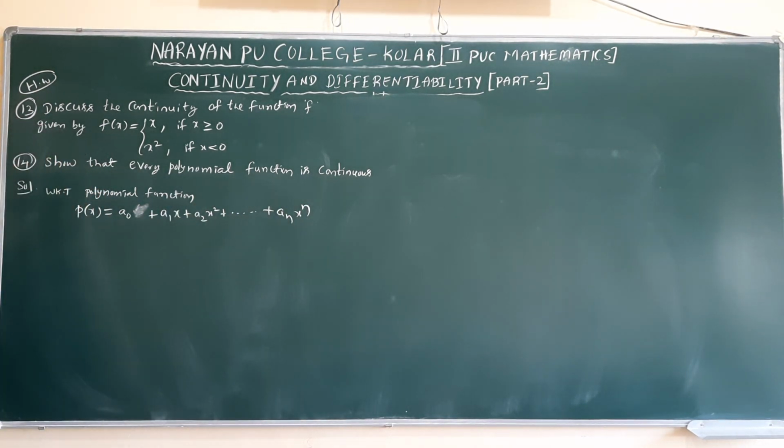We can take it in reverse order also, no issue. This is an nth degree polynomial. If the degree is 1 you will get a linear equation, degree 2 you will get a quadratic equation, like that.